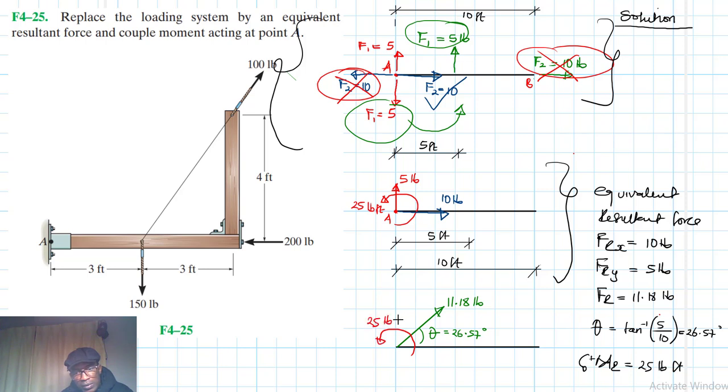Okay, about point A. So we'll have summarized the equivalent resultant force and couple moment acting at point A. So the effect on this particular beam for our example problem, in terms of resultant force and the resultant couple moment acting at point A, is the same compared to the original structure. So this is basically what we're going to be doing, right?